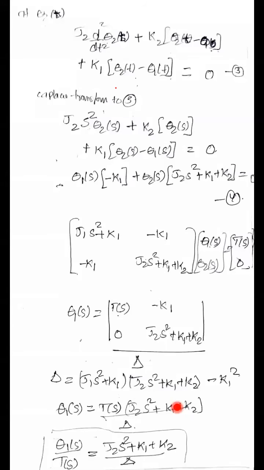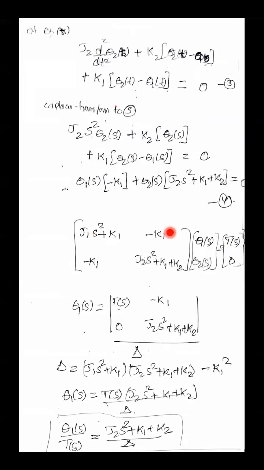So the first term is J1 into S square plus K1, and the second term is minus K1. The first term will come here, minus K1 from the first equation.